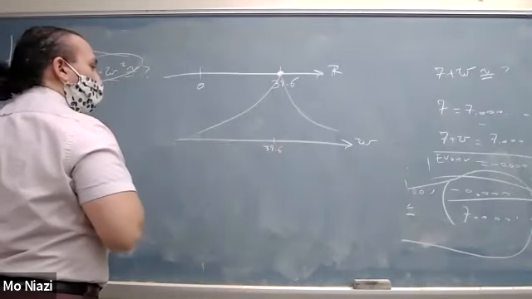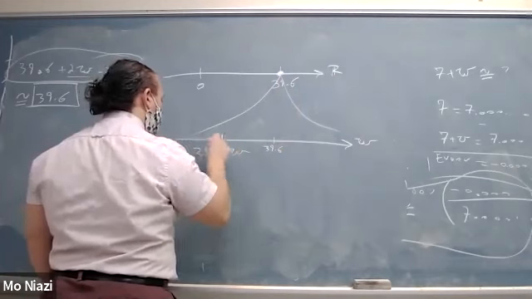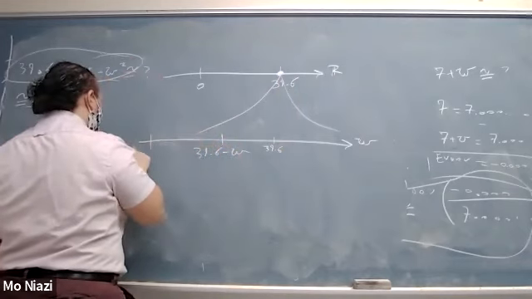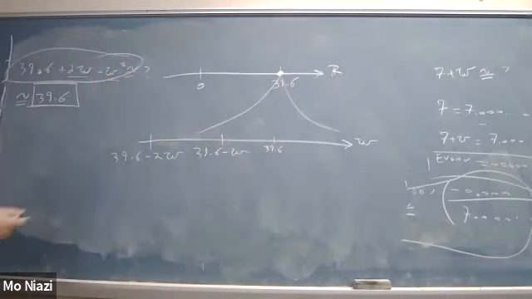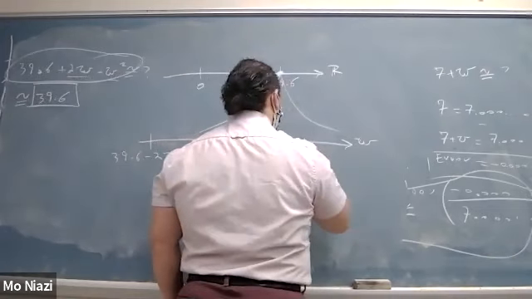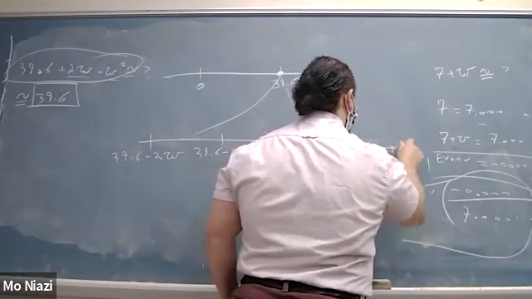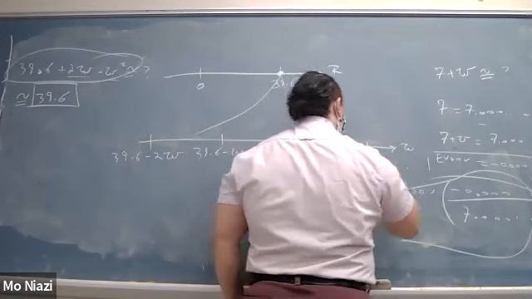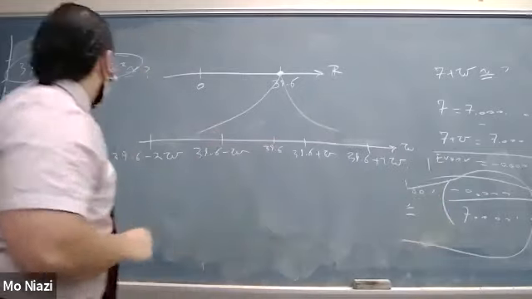To the left would be something like 39.6 minus omega, 39.6 minus 2 omega. But to the right would be 39.6 plus omega, and even more to the right would be 39.6 plus 2 omega, right?